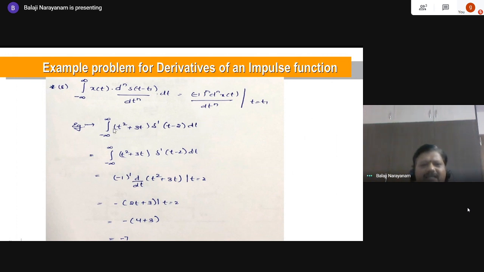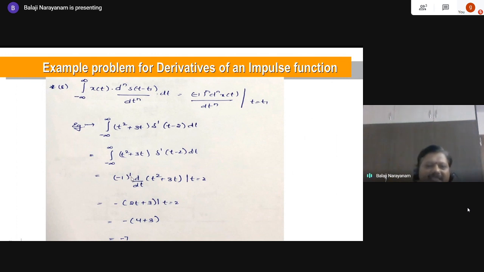We are given t square plus 3t, which is resembling x of t, and delta dash t minus 2. So as we observe, this delta dash is the first derivative of the delta, hence delta dash t minus 2. So here we can see that minus 1 whole power n, in place of n we need to substitute 1.